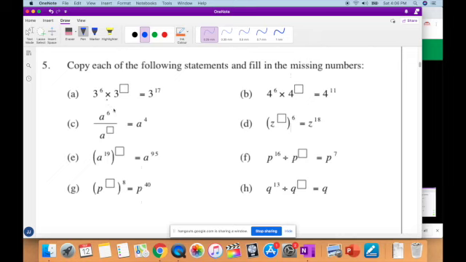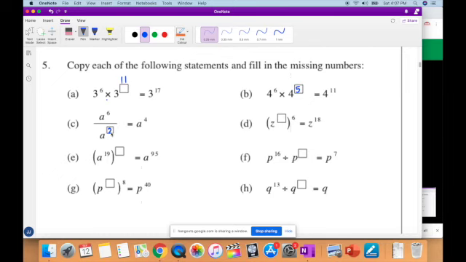So, obviously, when you're multiplying, you have to add your indices. So, 6 plus what gives 17? 11. Right. Over here is the same thing. So 6 plus what gives me 11? 5. Right. Over here, dividing, so you're minusing the indices.